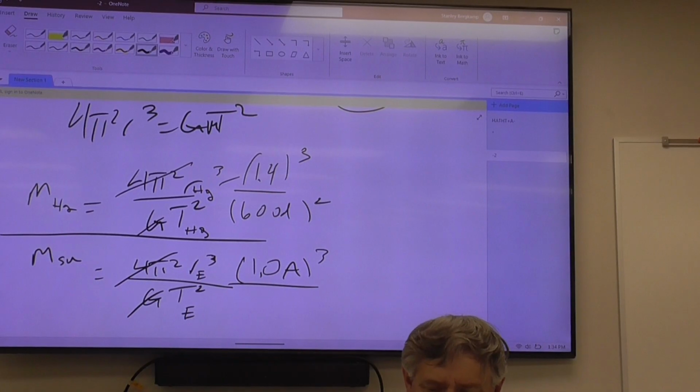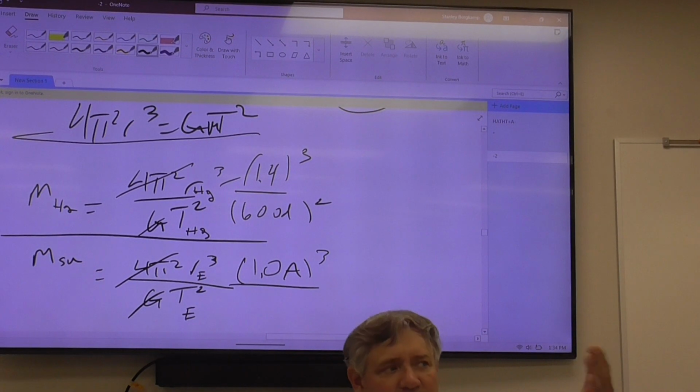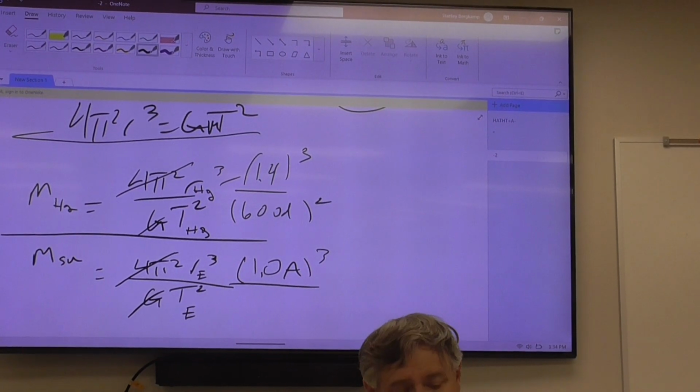You could set it up as, you start off with this equation and compare that to our sun. Okay? You can do that. The math gets really wonky.